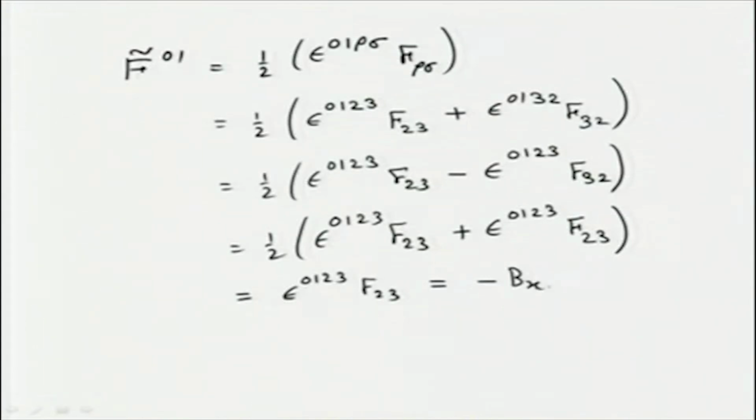Now you understand why we had taken a half factor there. It was in anticipation, so that we can get a minus Bx without any factor of two or any other factor. In a similar fashion, you can do your homework and get F tilde 0 2 as minus By, F tilde 0 3 as minus Bz.